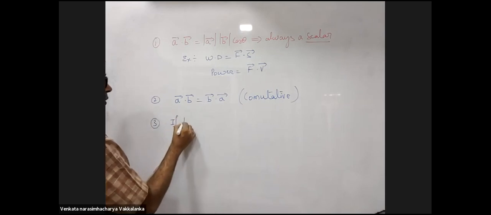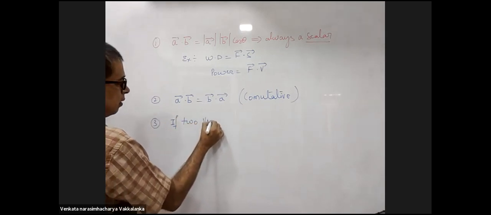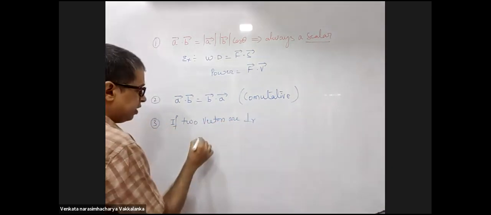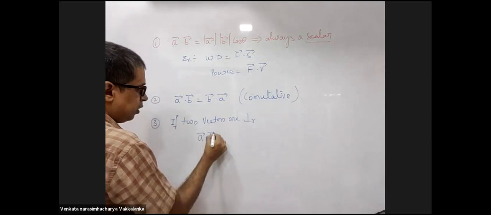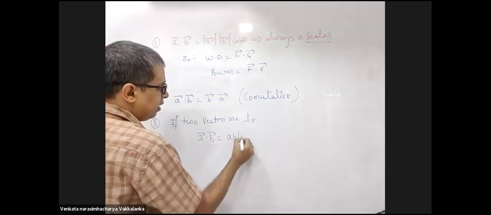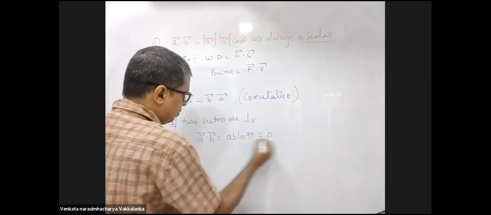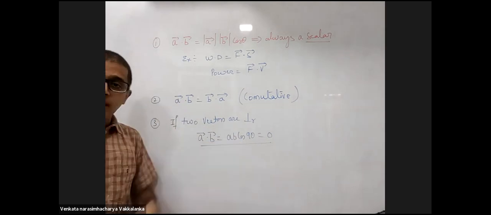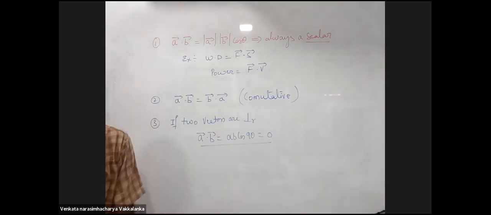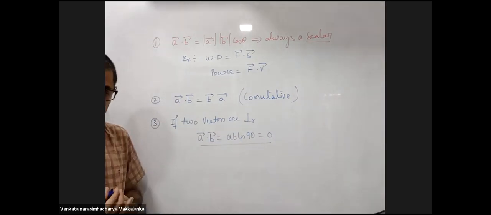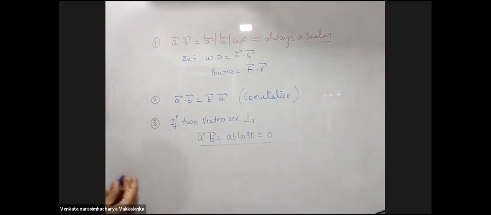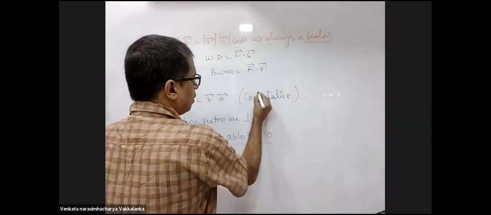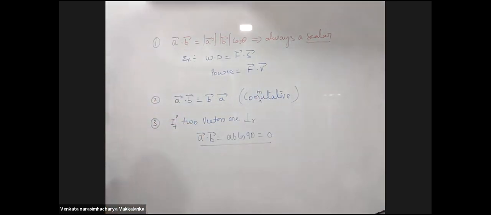If two vectors are perpendicular to each other, A dot B will be AB cos 90, which will always be 0. One of the fundamental ways of finding out if two vectors are perpendicular or not is to go for the dot product.